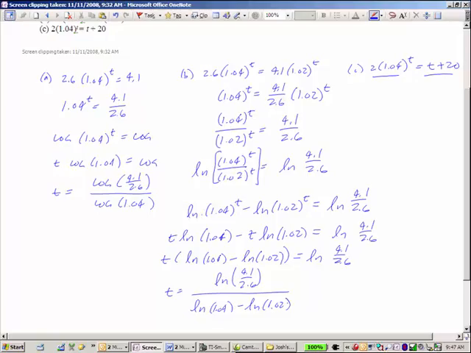You didn't like that at all? No. Okay. Can I show you something we could have done way back in the beginning? I could have taken a detour right here. This is the same as 1.04 over 1.02 all raised to the t.